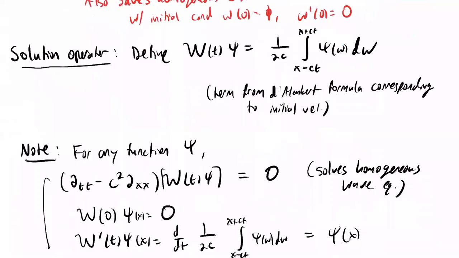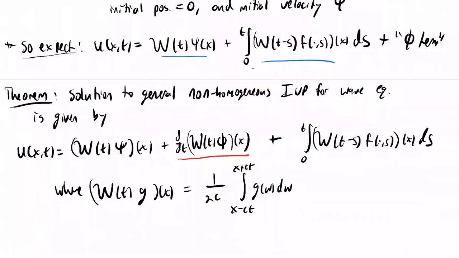So we have this wave solution operator appearing three times: one term corresponding to the initial velocity, one to the initial position, and one to the external force function F. The only difference is that for the term corresponding to phi, you just differentiate with respect to t.